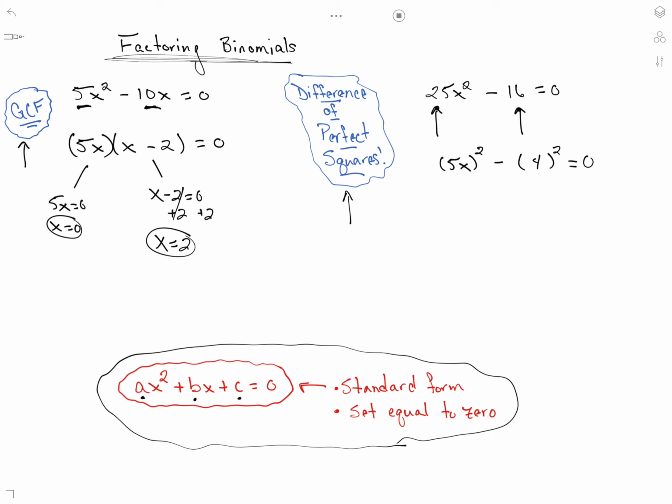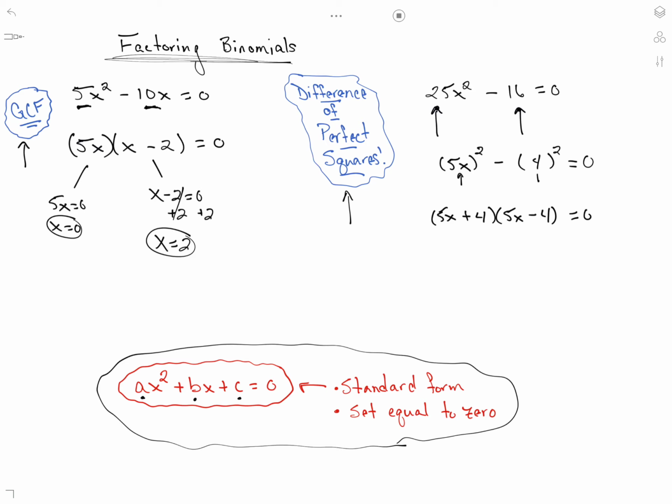Factoring this one is nice and easy. If I can recognize this piece and this piece, then I'm just going to use those two things in my parentheses to factor. The 5x is going to go first in both sets of parentheses. The 4 goes second in both sets of parentheses, and then I just need to go plus and minus.